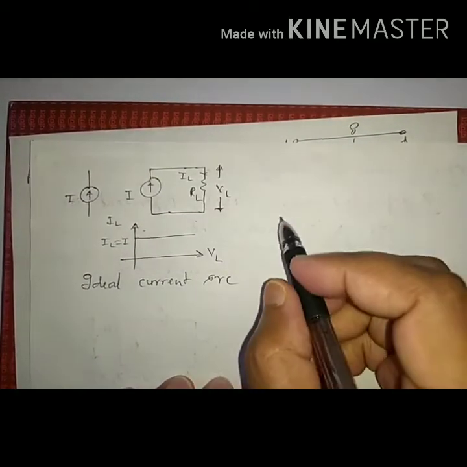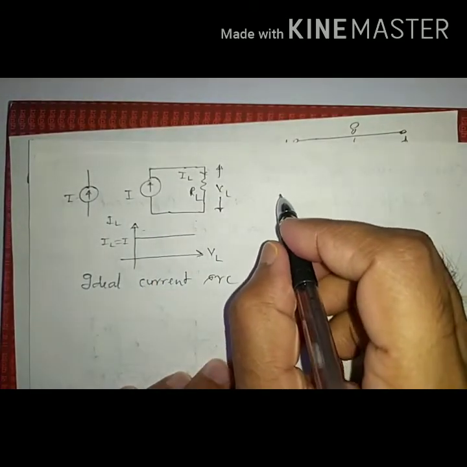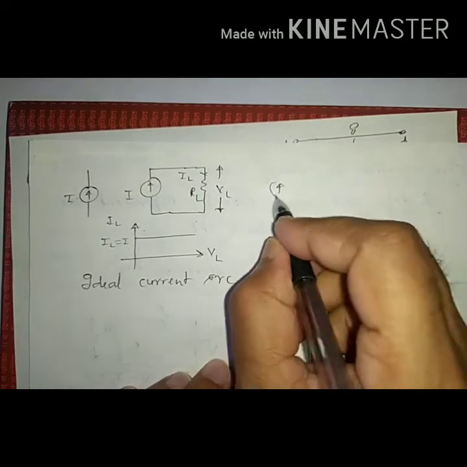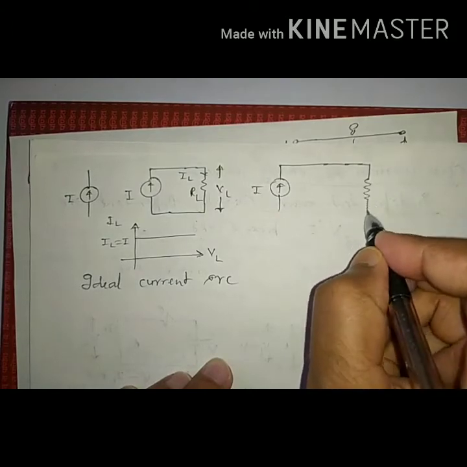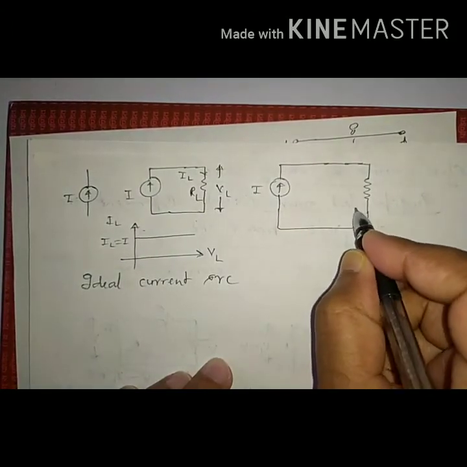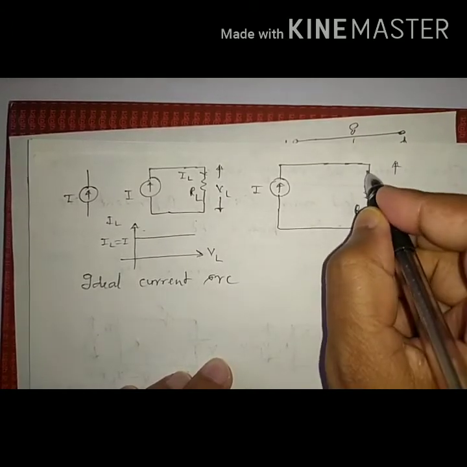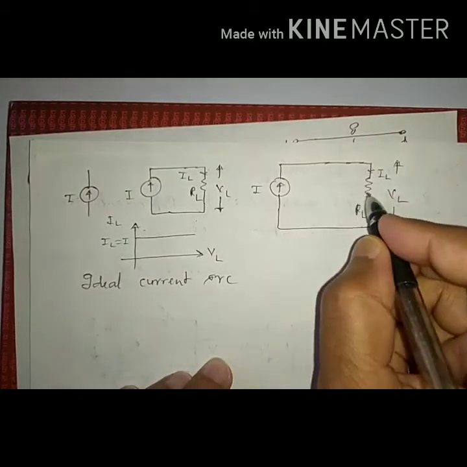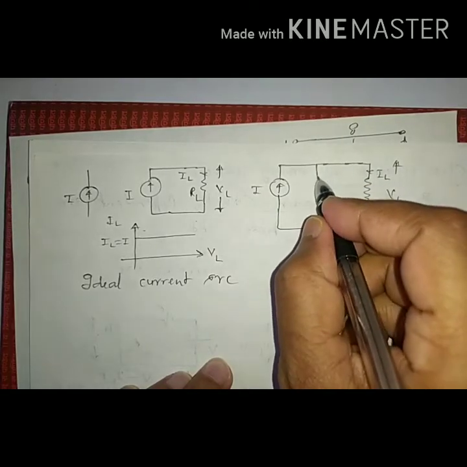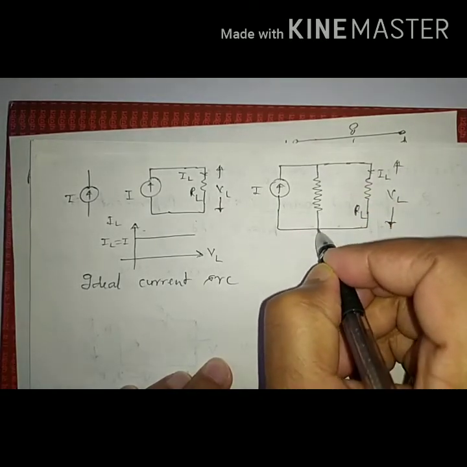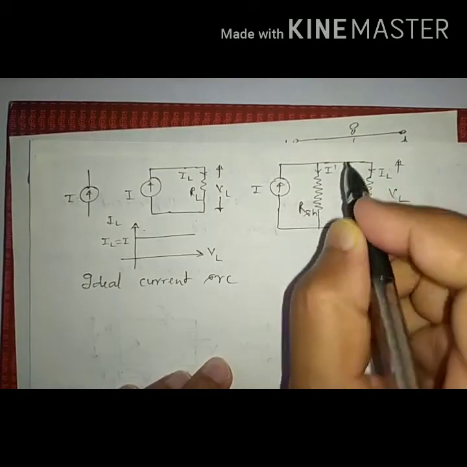In a practical current source, there must be a difference in load current. It can be shown by this R, this is the load resistance RL, where the voltage is VL and the current is IL. But IL will not be equal to I, so there must be a divergence. All current sources have an internal resistance of very high value, RSH, and there will be a diverted current I dash.